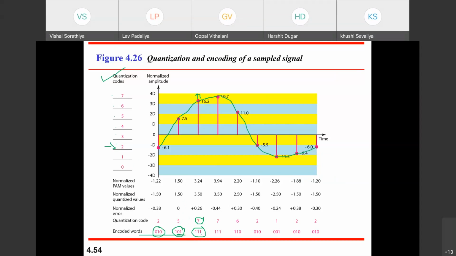Now, if it is decided like that, I am going to use 4 bits for each sample. मैंने ऐसा डिसाइड किया कि मैं 4 बीट का हर एक सैंपल को मैं 4 बीट दूंगा. So how many quantization levels are there? Somebody please tell me. If I have decided there are four digital bits I will assign to each and every sample, how many quantization levels are there?